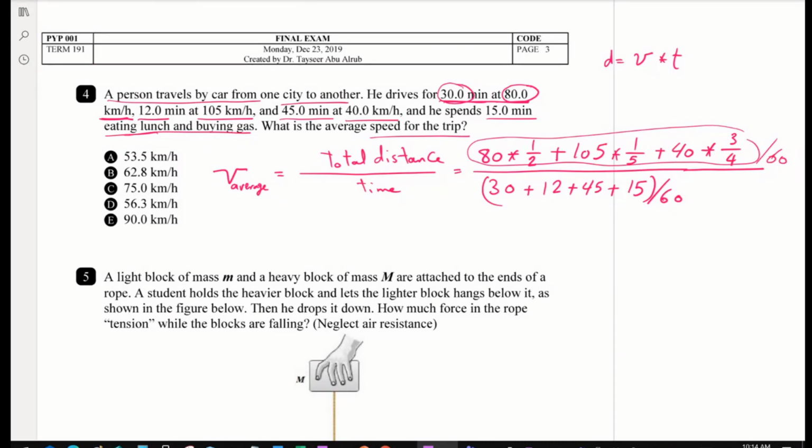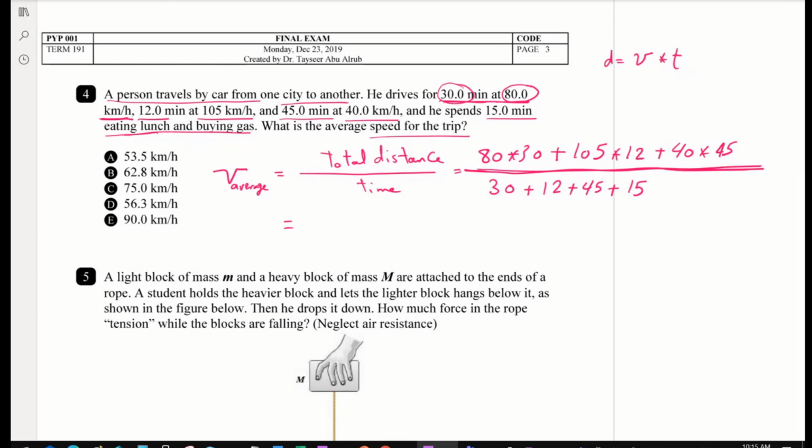So it doesn't matter if we use minutes in the numerator and denominator, because either way you divide over 60 in both, so they cancel each other. Okay, so we can make it easier if we want. Instead of changing in the numerator and denominator, we can keep it. So that's 30 minutes, and this one is 12 minutes, and this one is 45 minutes. And I will not divide over 60 in the denominator, so it will give you the right answer also.